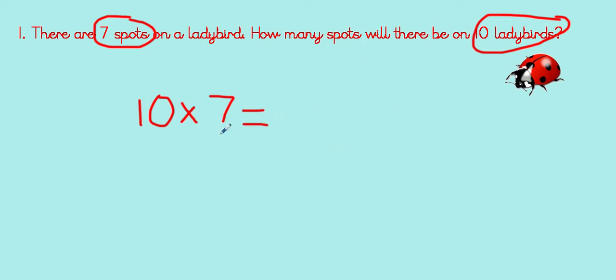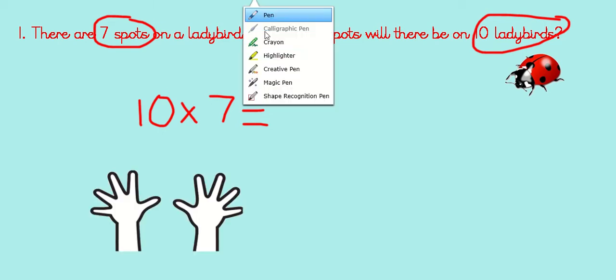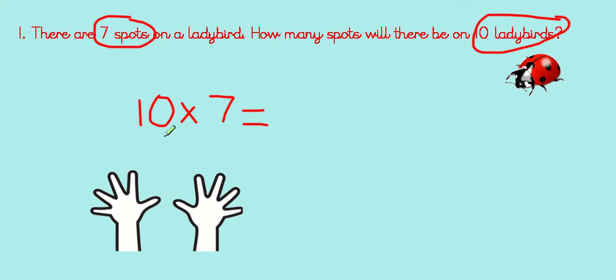Now, I don't know how to count up in 7s, but I can count in 10s, so that's what I'm going to do. Did you decide to use your fingers? That's a really efficient method, well done. Okay, here we go. We're going to count in 10s, starting from 0. And we're going to count in 10s 7 times, aren't we? Go. 10, 20, 30, 40, 50, 60, 70.